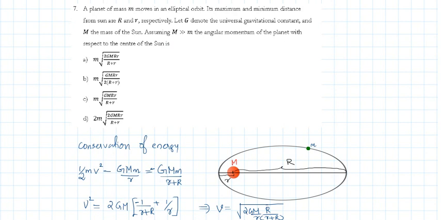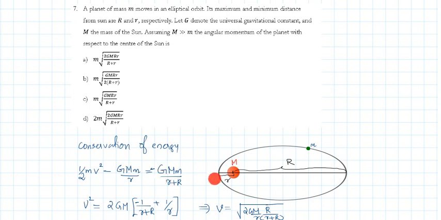Total energy at any point will be equal to, you can write for an elliptical orbit the total energy as minus GMm divided by R plus r. This is the expression for total energy for a planet moving in an elliptical orbit.